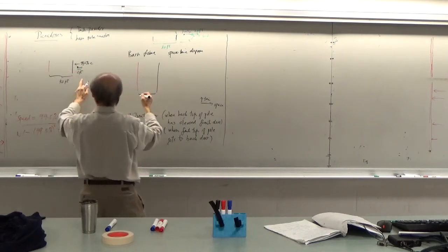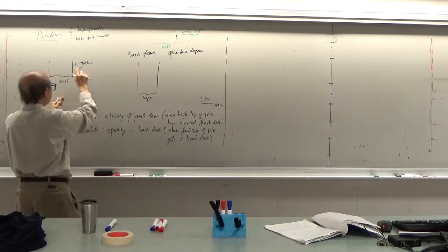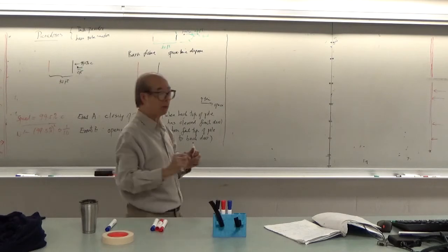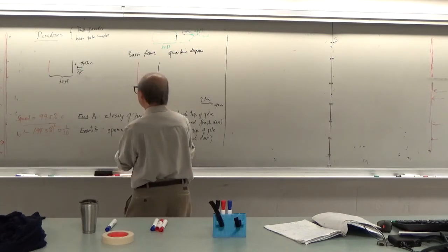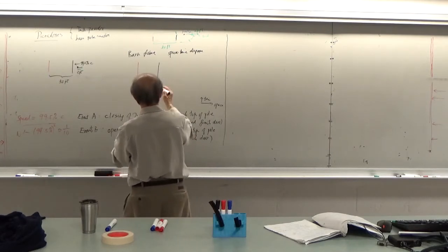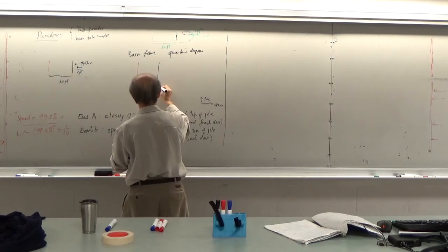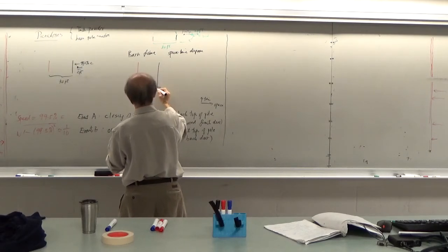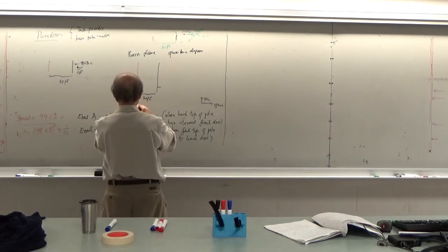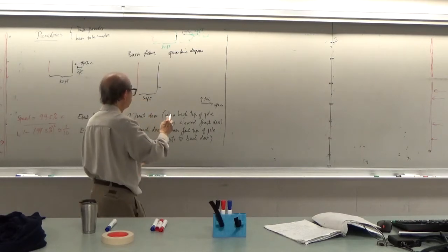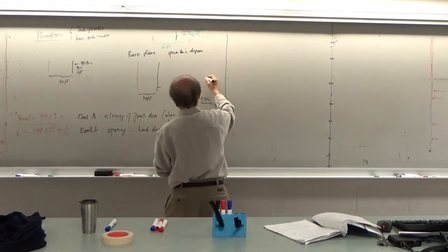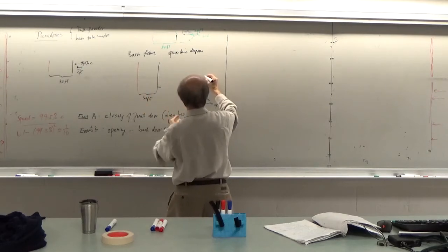So let me draw the trajectory of the two ends of the pole. Let's say that when the front tip gets to the back door, let me choose the coordinates of space and time.